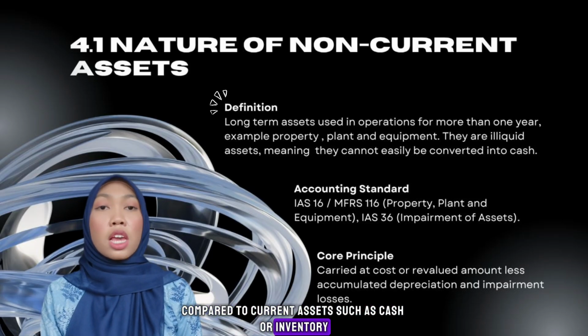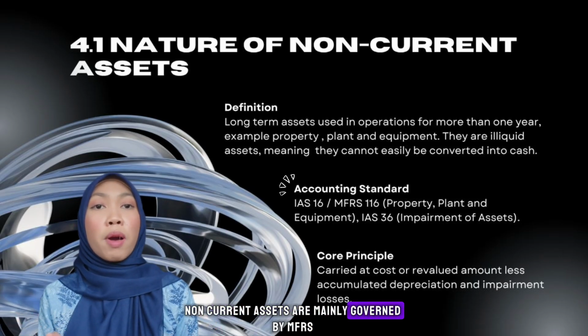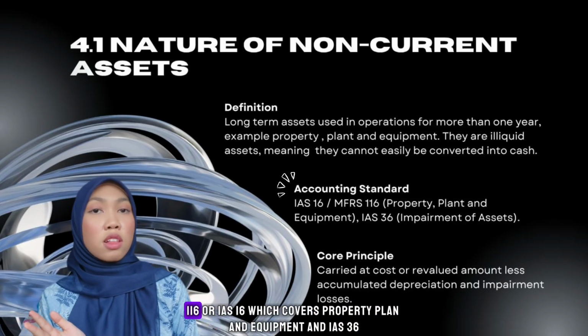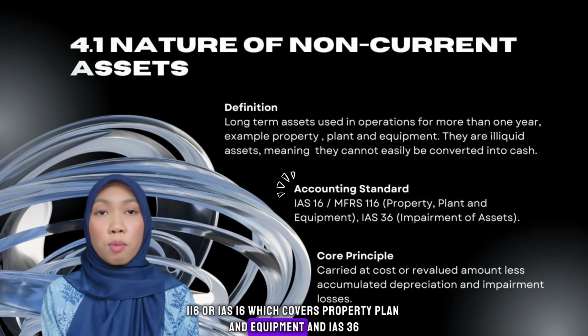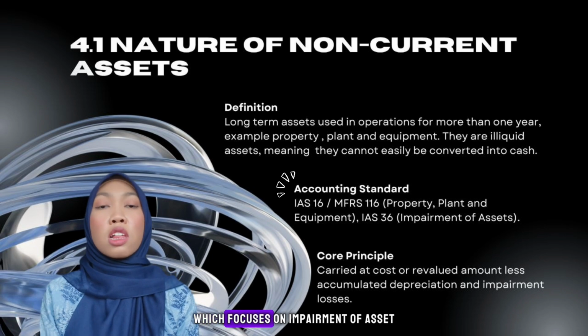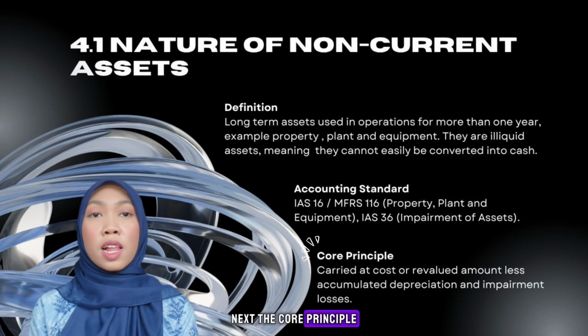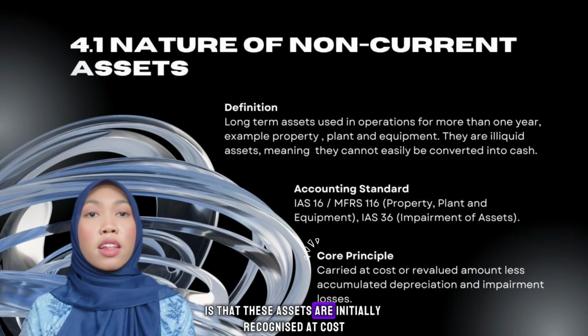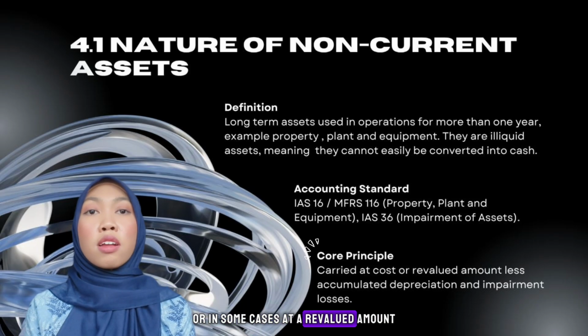In terms of accounting standard, non-current assets are mainly governed by MFRS 116 or IAS 16, which covers property, plant and equipment, and IAS 36, which focuses on impairment of assets. Next, the core principle is that these assets are initially recognized at cost, or in some cases, at a revalued amount.